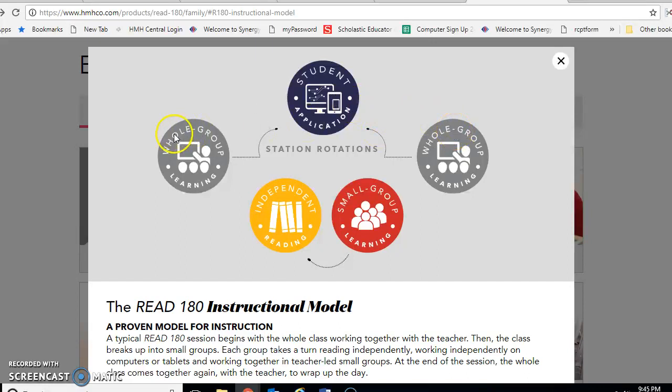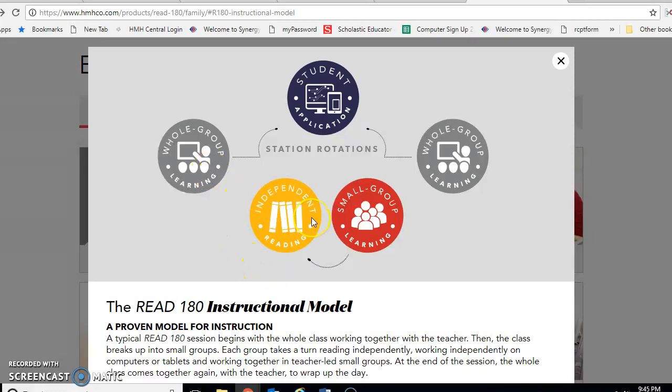The whole group learning, of course, is the minimal piece that I use within the classroom, and that's during the 90-minute block day once a week for maybe a 10-15-minute short lesson.